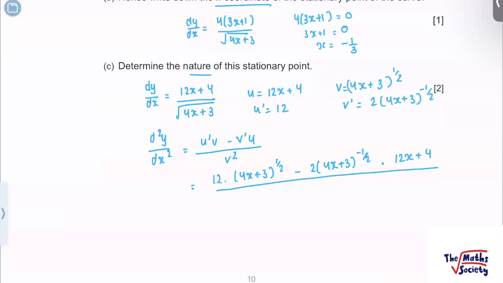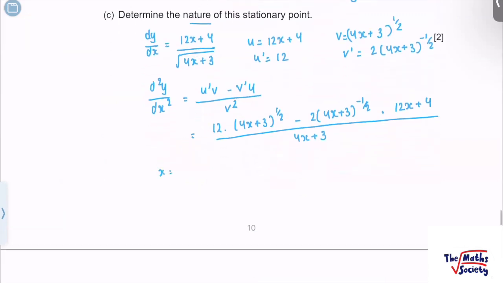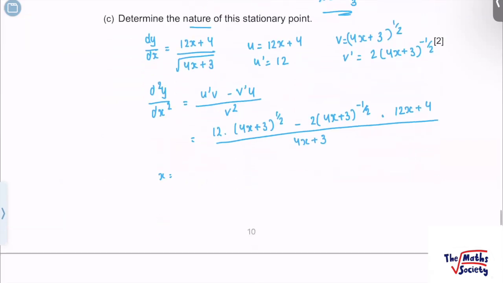That all divided by v squared, which is 4x plus 3. There you go. And then when x equals minus 1/3, d squared y by dx squared, you just substitute, you get 9.03. That's greater than 0, so therefore we know that it is a minimum point.